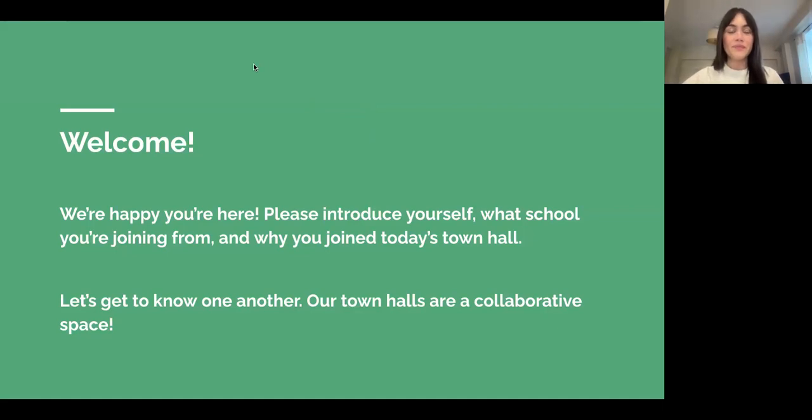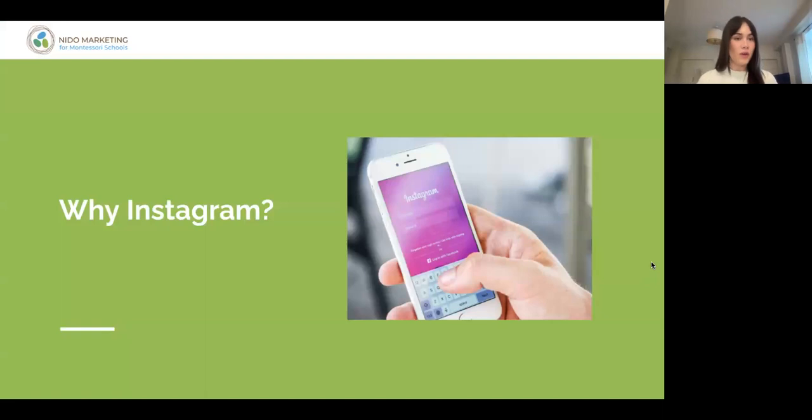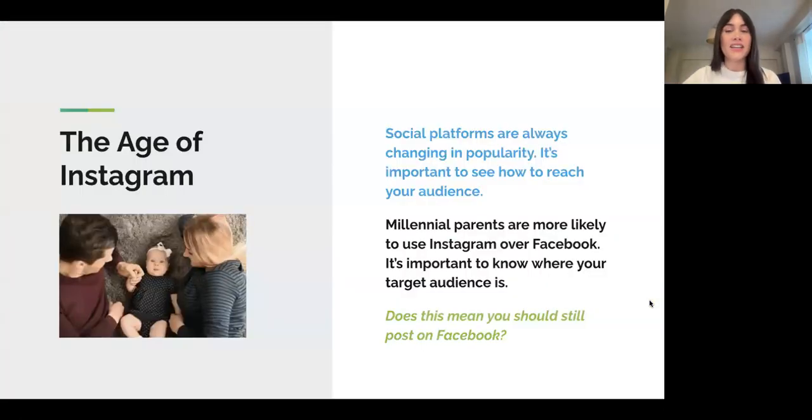Awesome. All right, we'll go ahead and get started. So the big question is, why Instagram? Why has Instagram become so important when it comes to reaching out to prospective families and communicating with your current families? Really, we're entering the age of Instagram because a lot of our parents are part of the millennial group now. This is the group that we're targeting the most. This is just the young parent group.